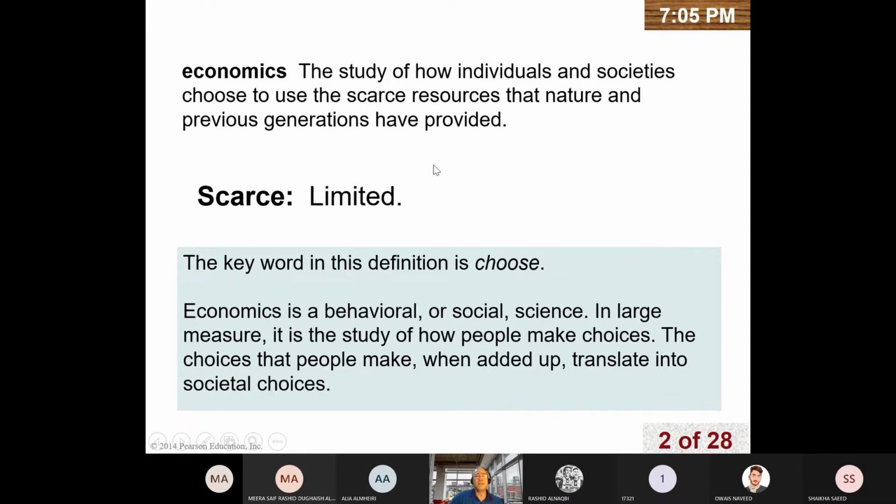So we have to make decisions. Just a simple example. I don't like to make it complicated, make it so easy. For example, my salary is 10,000 dirhams per month. So my resources, my income is so limited, but my desires are too many.